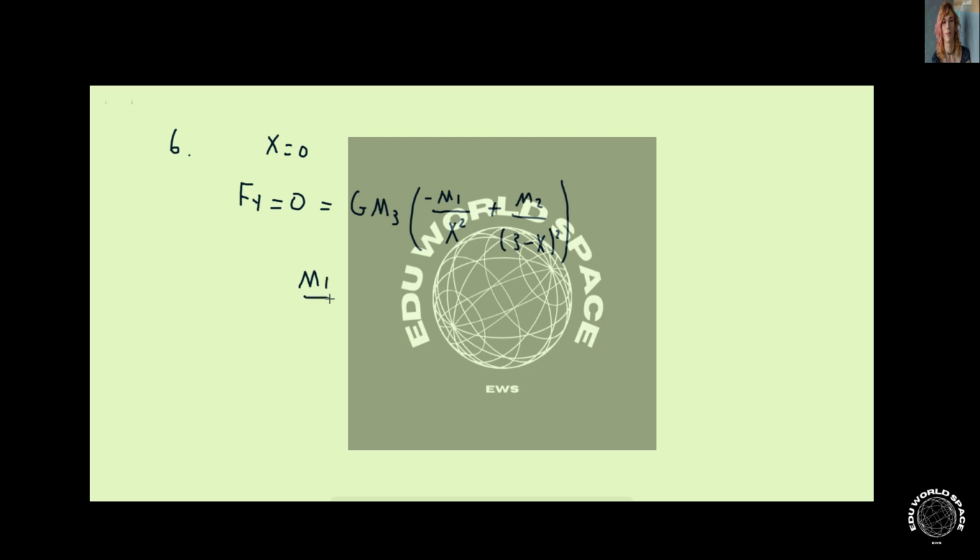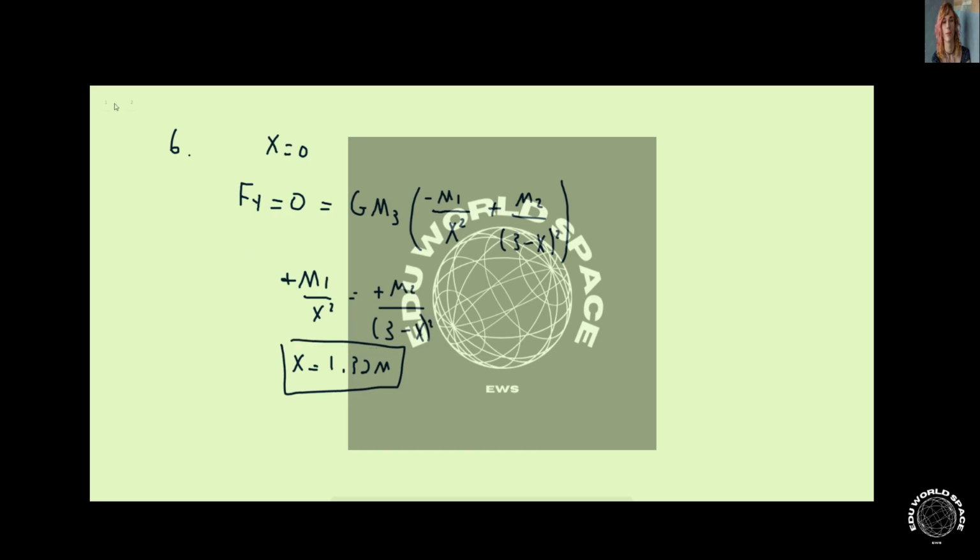So negative m1 over x squared has to equal negative m2 over (3 minus x) squared. So I'll save you the algebra on this, but you'd multiply these on both sides, do a little bit more algebra, solve for x, and we should find that x is 1.32 meters.